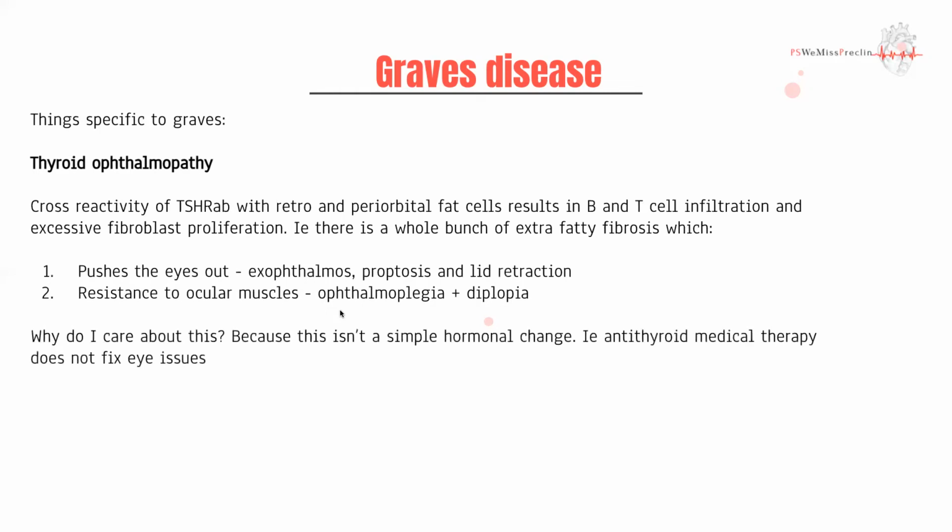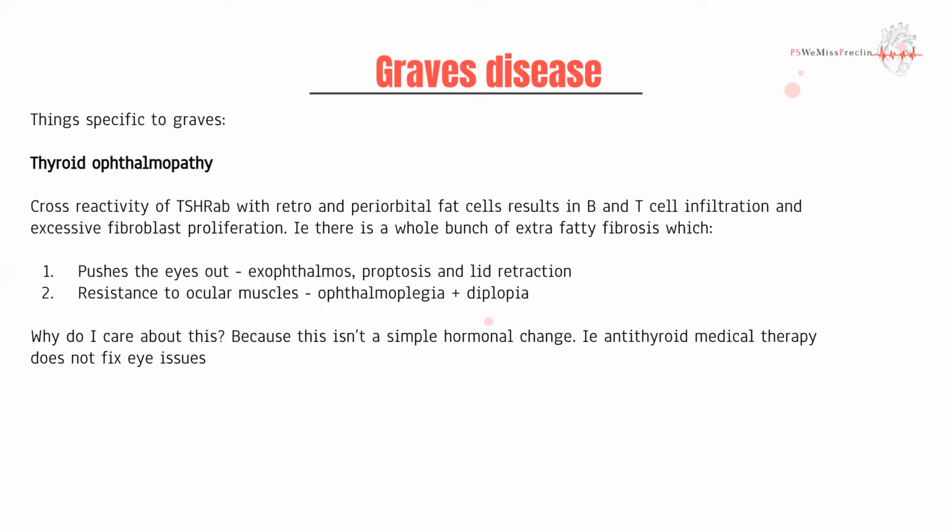The reason I care about this and stress this is because this is not an issue with thyroid levels. When we talk about managing Graves' disease, I'll talk about how we can either cut out a part of the thyroid, give them anti-thyroid medications, control their symptoms, but this has nothing to do with that. This is TSH receptor antibodies acting at fat cells.